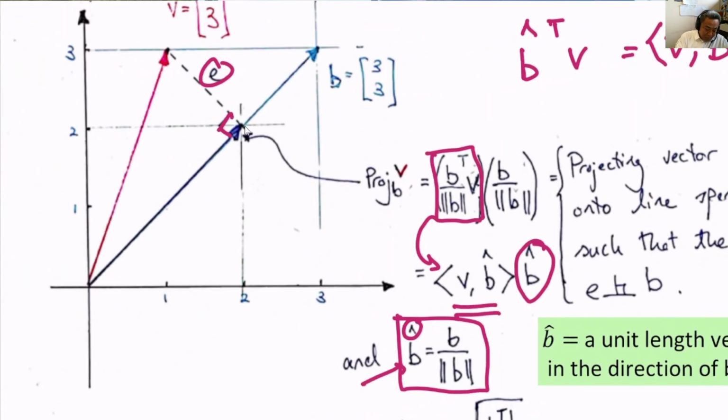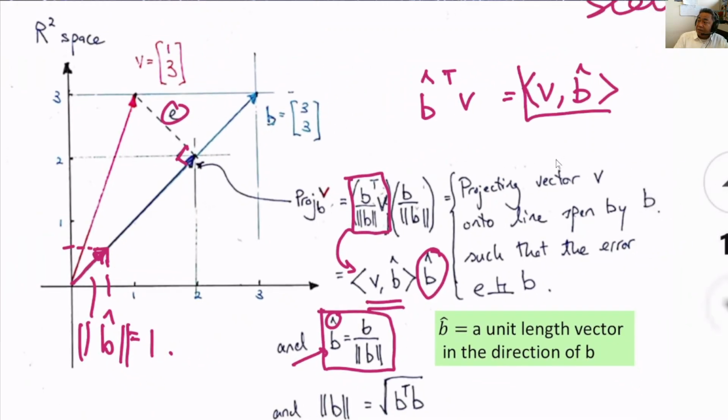So where's b hat? I guess b hat is something close to here. And this is b hat, which has unit length 1. b hat is a unit length vector in the same direction as b. Then we are going to multiply this vector by a scalar, and this b hat will grow and reach this point.